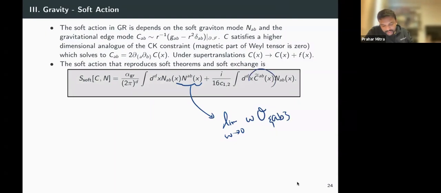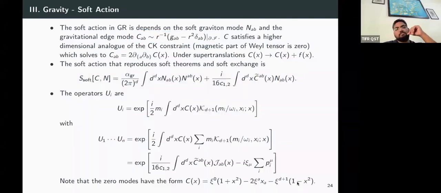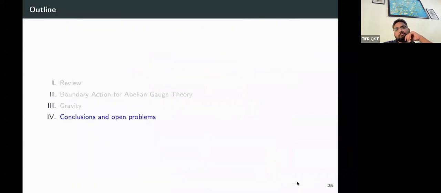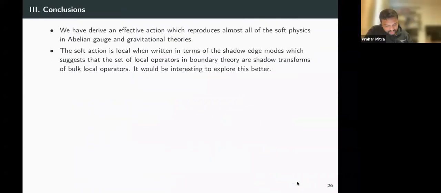And you have the C_AB, which is just the boundary mode of the graviton fluctuation. So you remove out the background metric, which is of course flat spacetime, and then you study the leading order fluctuation. That's how you define the graviton. So C_AB is simply the boundary value of that mode. So again, it's a nice and simple action. And I won't bother going through any of these details.